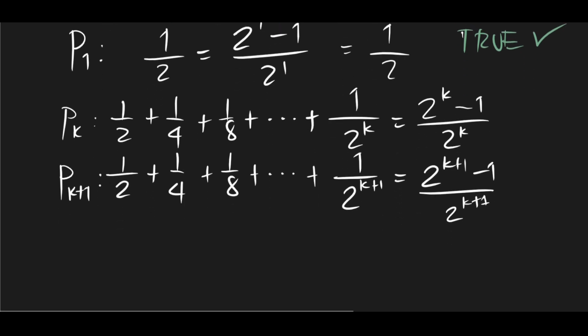Now the next step is to assume that Pk is true. So if Pk is true and through algebraic operations we can come up with Pk plus 1 from Pk, then we can conclude that Pk plus 1 is also true. If we've shown that, then we have proven the statement that we need to prove.